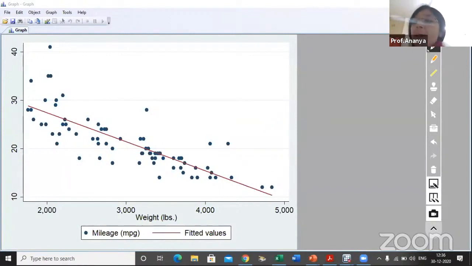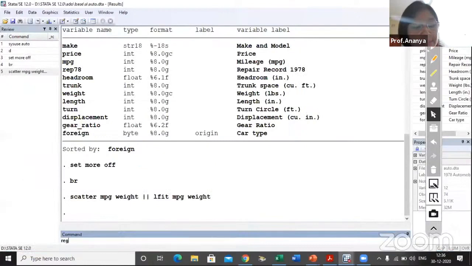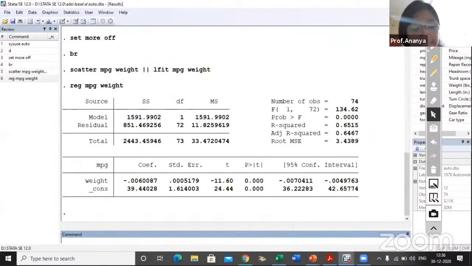Now let me see how to actually get the alpha and beta values that I just showed you. For that, the command is simply reg. So let's type reg mpg weight. And here you can see the mistake that I have made. I'm very sorry, but the mistake I made in my slide is that I mixed up the intercept and the slope.